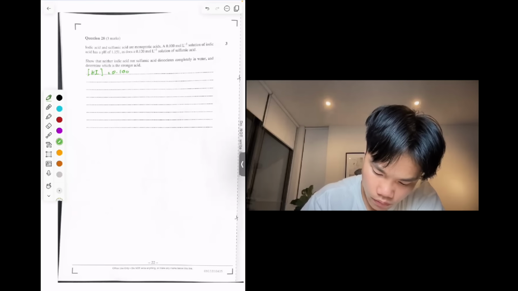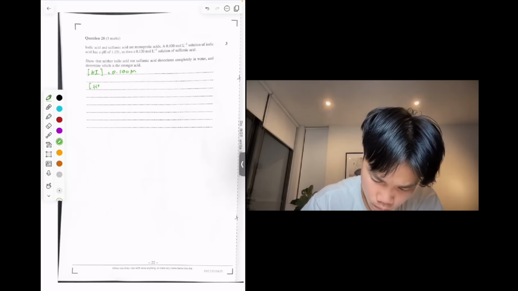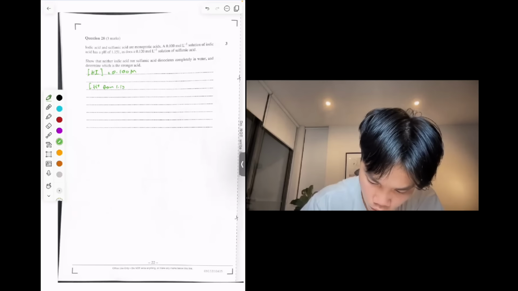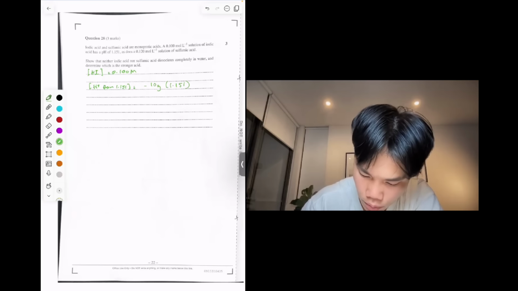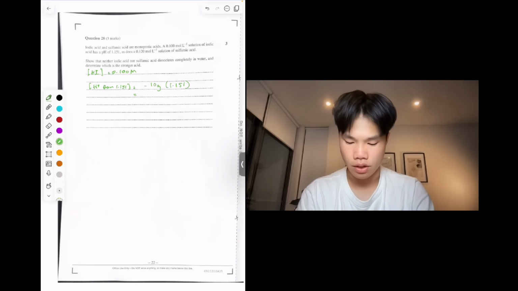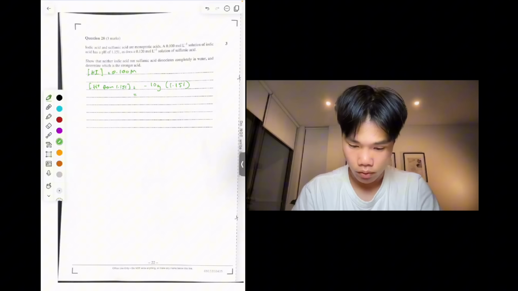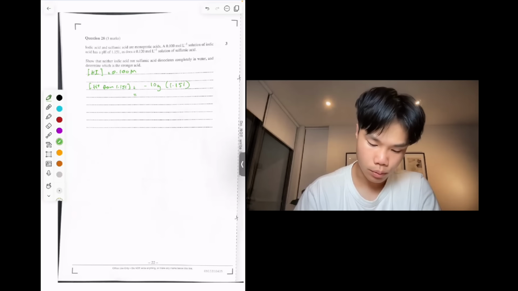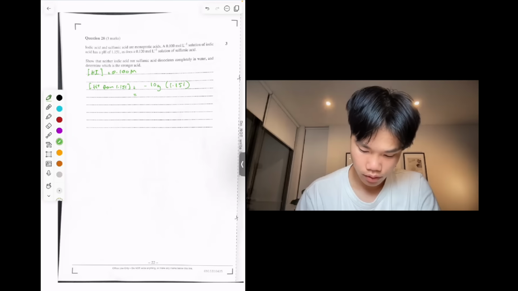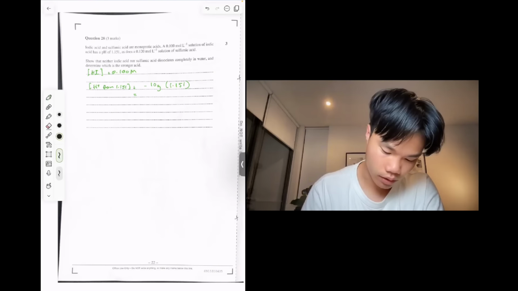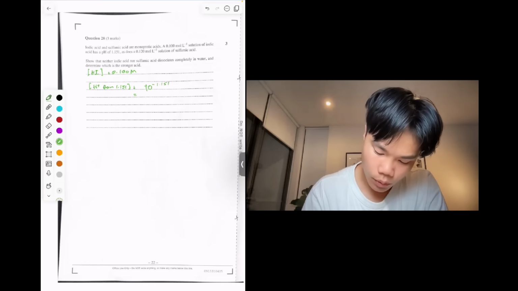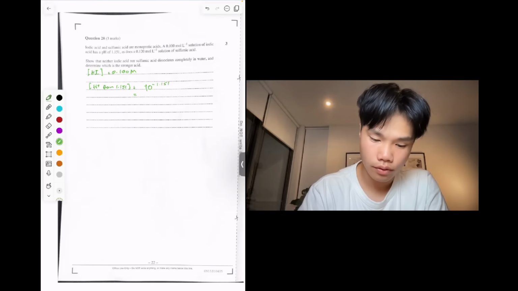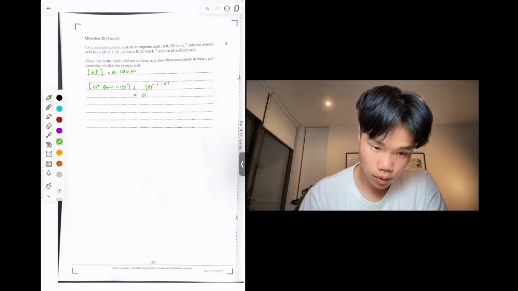And for a pH of 1.151, the concentration of H plus is equal to the negative log of 1.151, which we already know is going to not be strong, but just to show it in the numbers, negative log of 1.151 is equal to, sorry, hang on, not negative log, apologies. It is 10 to the power of negative 1.151, which is equal to 0.